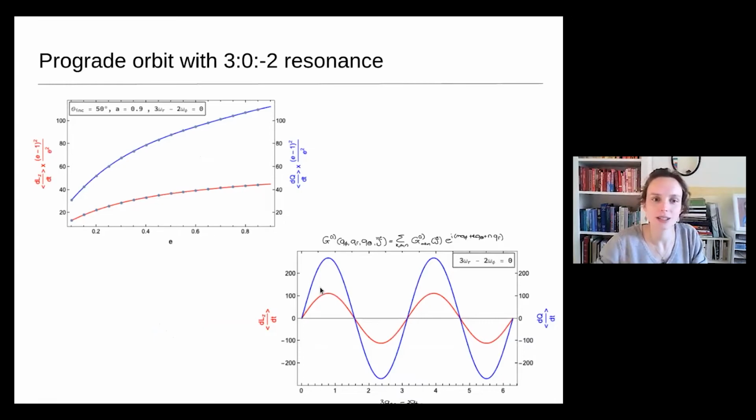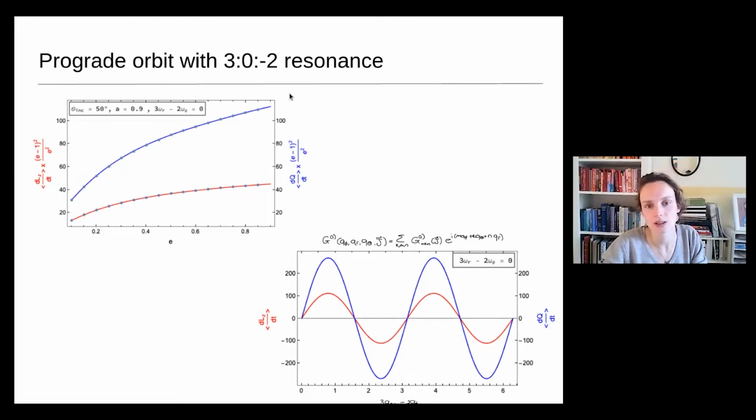In particular, if you look at, say, a prograde orbit with this particular type of resonance and this particular type of inclination angle, you see that the angular momentum, so one of the ways to describe the orbit, is changed by a given amount depending on the eccentricity, which is a bit higher for larger eccentricities, but not significantly larger.